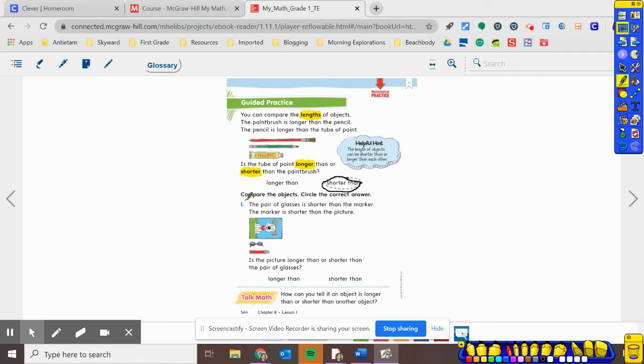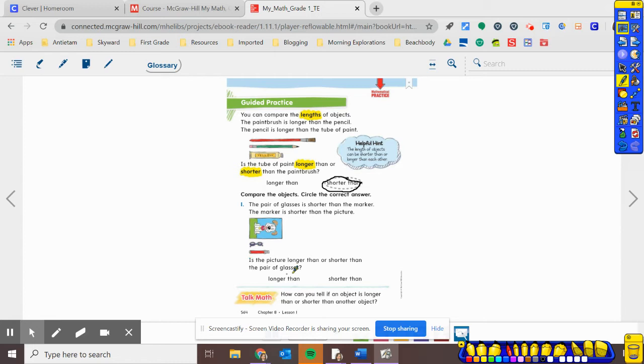All right, let's look at the next one. Notice again how all of these objects are lined up on one side. This says the pair of glasses is shorter than the marker. So we can see that here. The glasses are shorter than the marker. The marker is shorter than the picture. So now their question for us is, is the picture longer than or shorter than the pair of glasses? Well, look at them, first grade. Is the picture longer than or shorter than the pair of glasses?